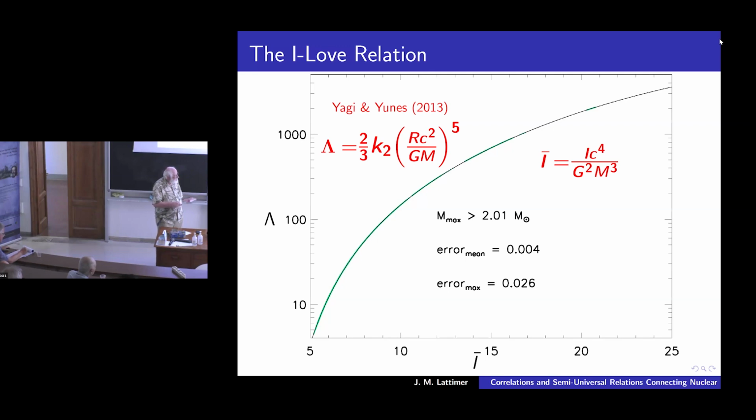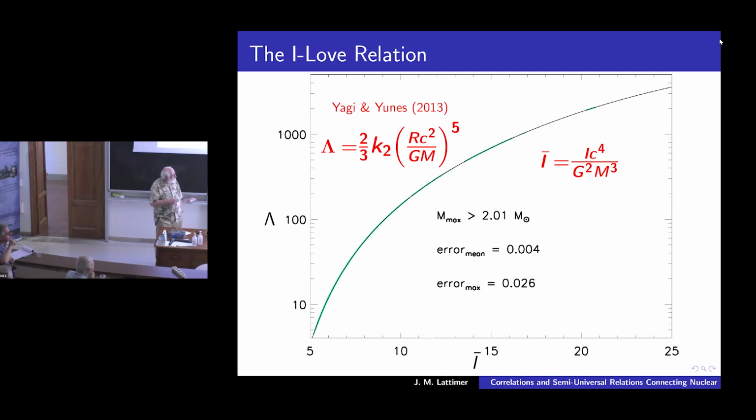So this graph shows the results of plotting about 1,000 different equations of state, which vary in radii for 1.4 solar mass stars from 9 to, say, 15 or so kilometers. Yet this particular combination between the tidal deformability and the moment of inertia is nearly unique. The uncertainty in here is about 0.5% at most.